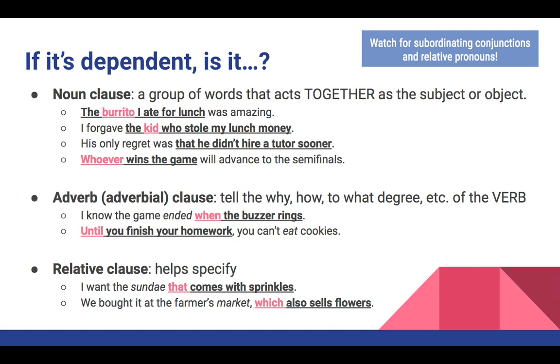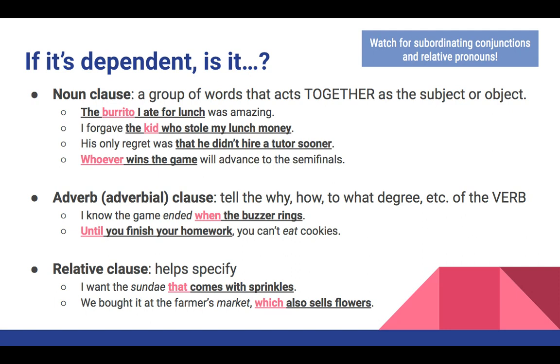Okay, we have the burrito I ate for lunch as a dependent clause. Now that is a dependent clause because if I just took that out by itself, the burrito I ate for lunch, what about it? That's not complete, right? And because it's at that beginning part, it's kind of acting like the subject of the sentence. What was amazing? The burrito I ate for lunch. So we call that a noun clause.